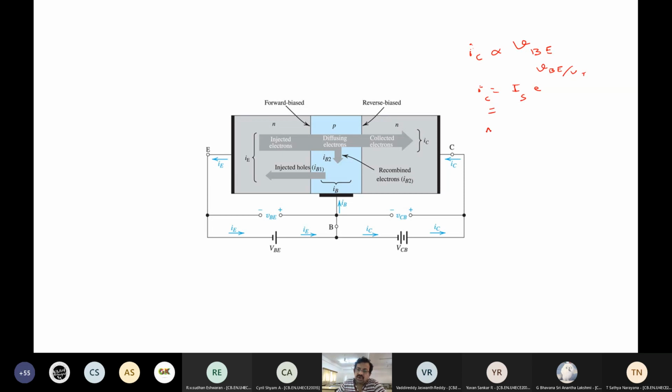Now notice that collector current is independent of the collector-base junction voltage.